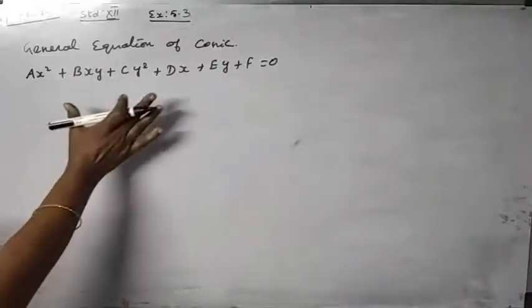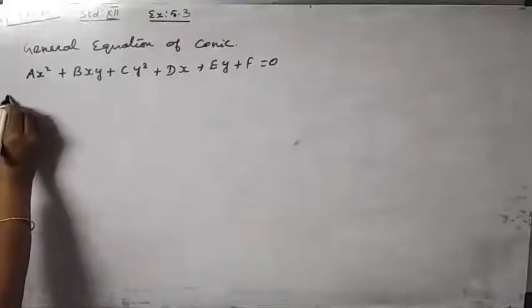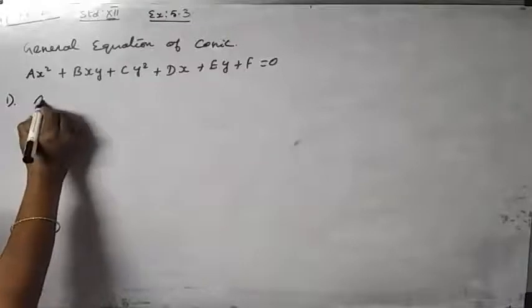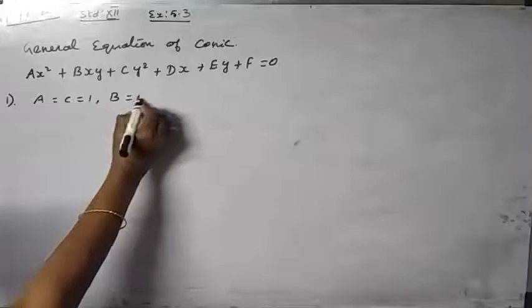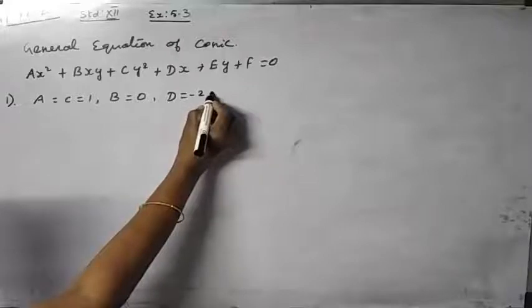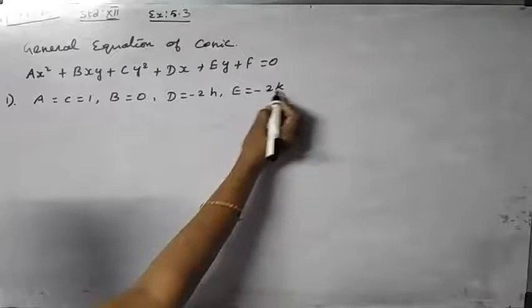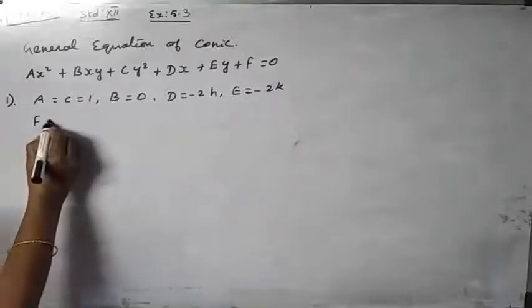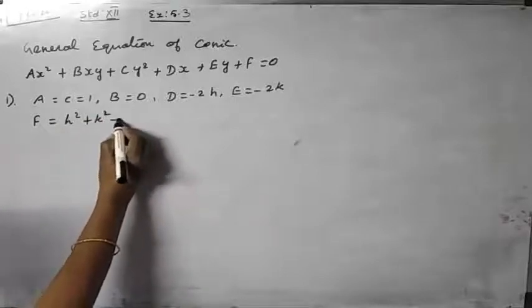So if an equation is given like this, how to find whether it is a circle or parabola or ellipse or hyperbola? So condition number 1. If a is equal to c is equal to 1 and b is equal to 0 and d is equal to minus 2h and e is equal to minus 2k, therefore f is equal to h square plus k square minus r square.